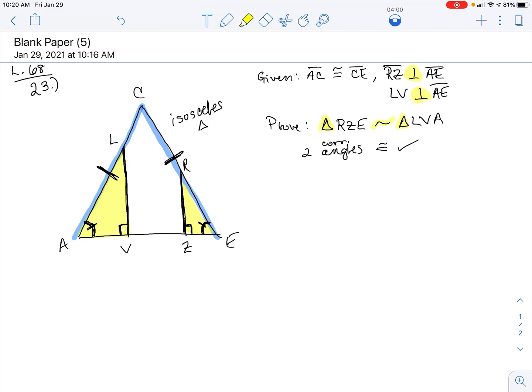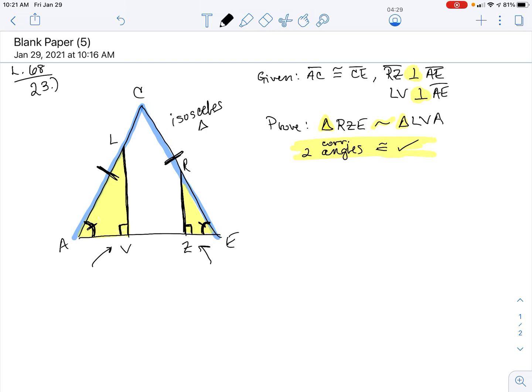Well, look at there. What did we say over here? We said all we have to prove is that we have two sets of corresponding angles that are congruent to each other, which we have. Angle A and angle E are congruent. And then the ones here at angle V, which is actually angle AVL right here, and angle RZE are congruent. So we have our two angles proven, corresponding angles in those triangles, and that's all we need to prove that those are actually similar.